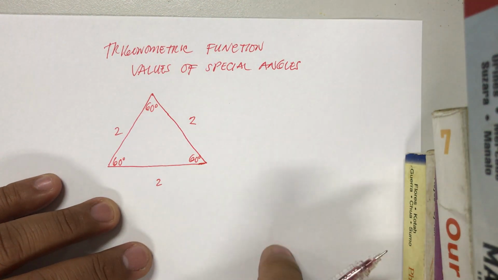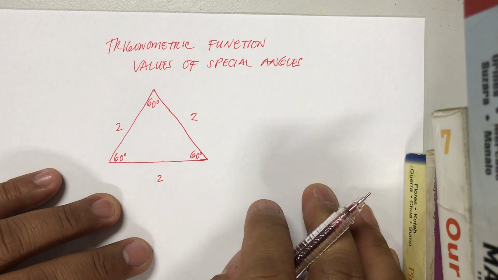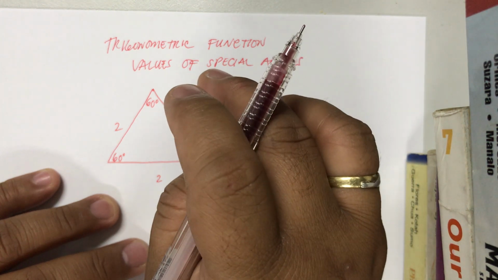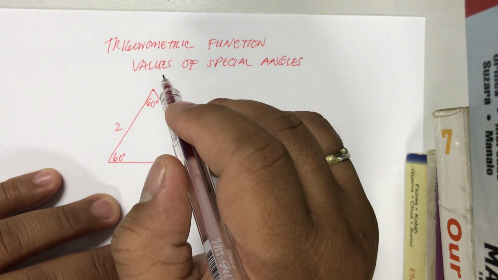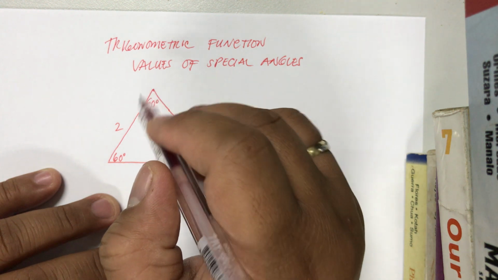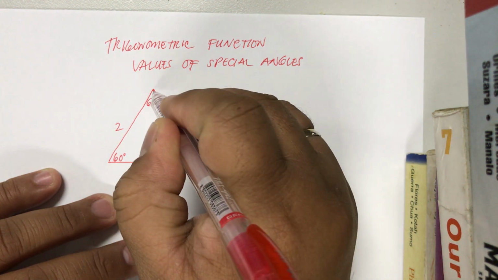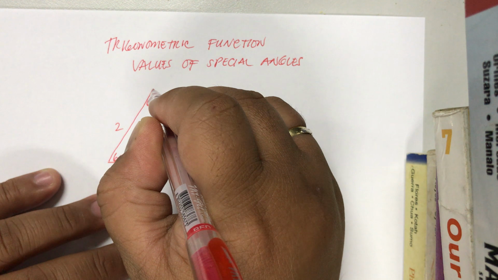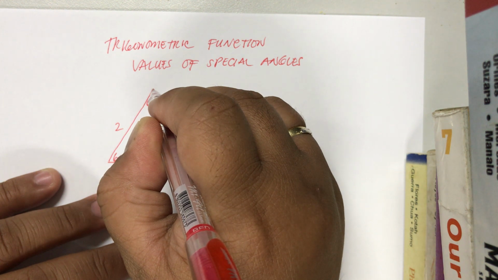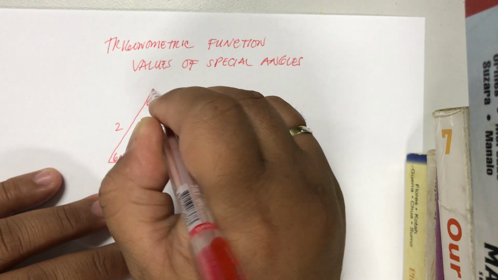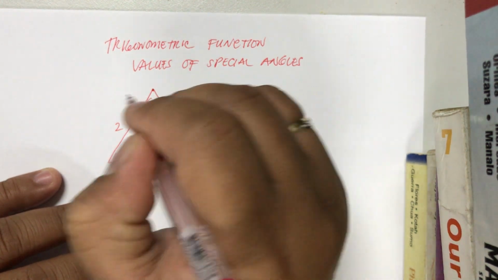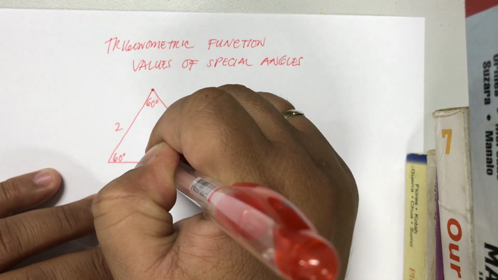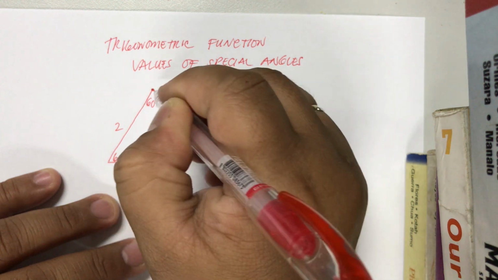At this point, you draw a line segment that is perpendicular to this side, from this point. This is actually called a perpendicular bisector. You draw a perpendicular bisector from this point up to this side of the triangle.